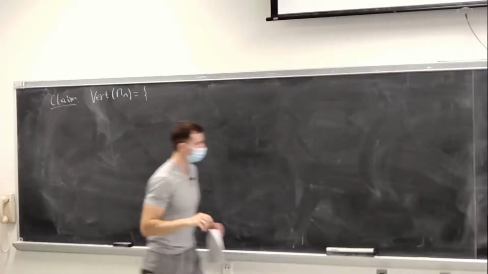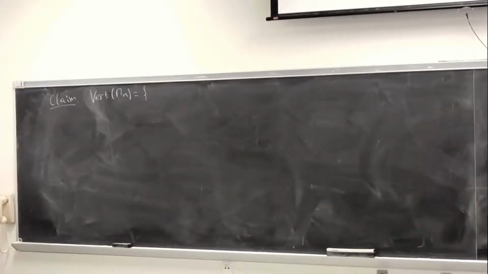Let me actually introduce some notation. I'm going to denote this vector by x sub w, that is, W of 1, W of 2, and so on up to W of n.